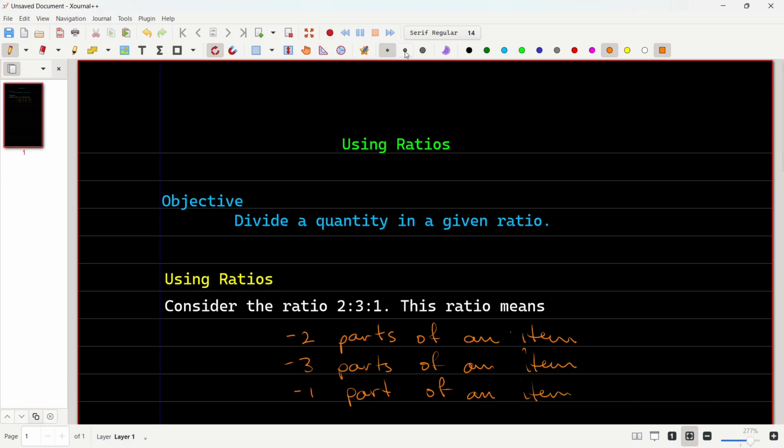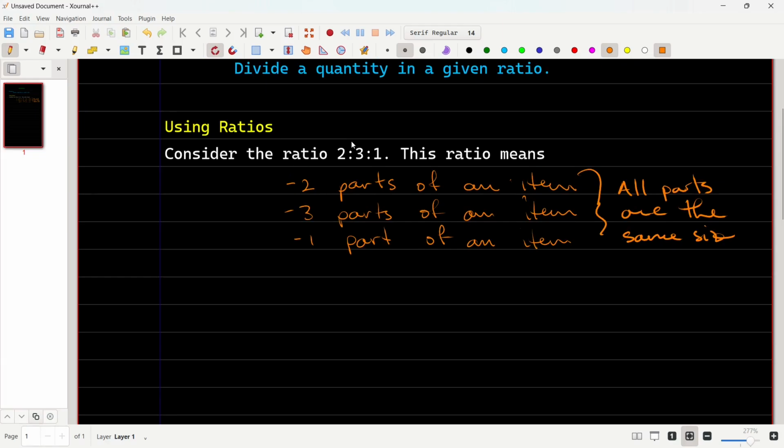All parts are the same size. So the first thing we recognize is that this ratio says that we have 2, 3 to 1, meaning that we have a total of 6 shares, and each share is worth the same amount.